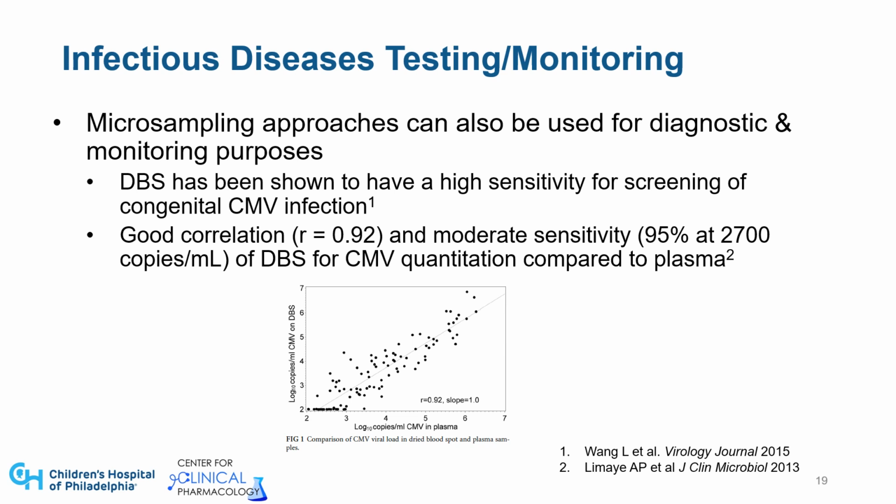And so microsampling might be an optimal method for monitoring of CMV itself in pediatric transplant recipients. And we're partnering with our infectious disease diagnostic laboratory to look at the use of VAMs for monitoring of CMV in our transplant population.